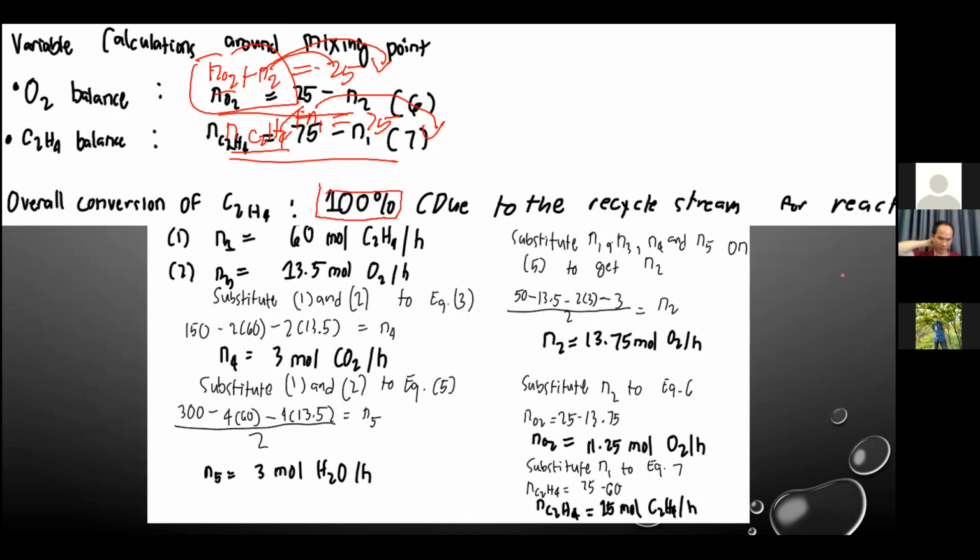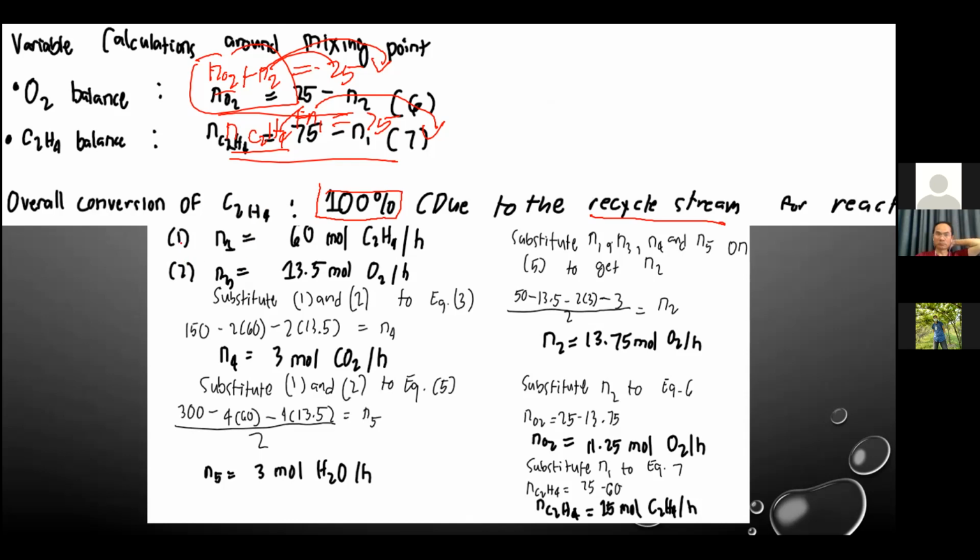Since it is in the recycle, we are sure that all of the input C2H4 will be processed, because we have this recycle stream. So the overall conversion will be 100%.